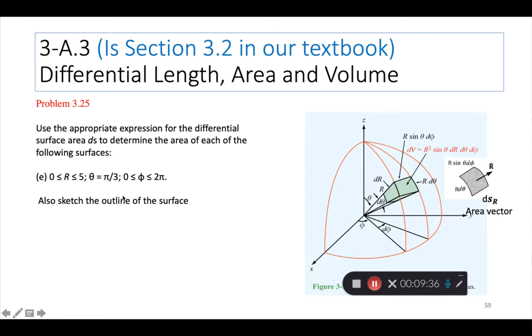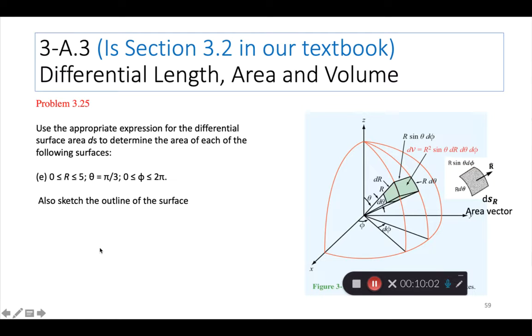By looking at what has been given, you can guess whether it's a cylinder or a sphere, or whether you have to use rectangular coordinates. Based on that, you pick the right formula from what we have already learned, and then you apply the integration to determine the area of each of these surfaces.